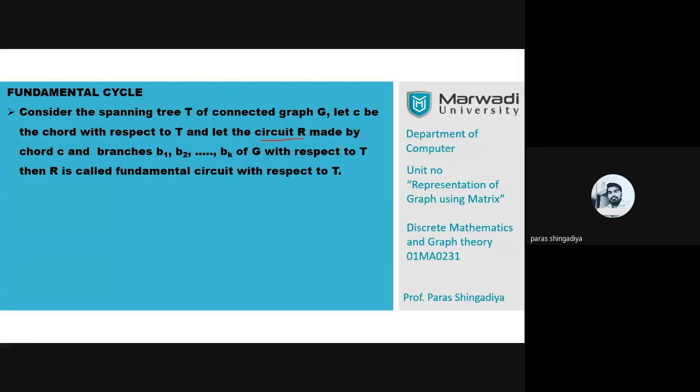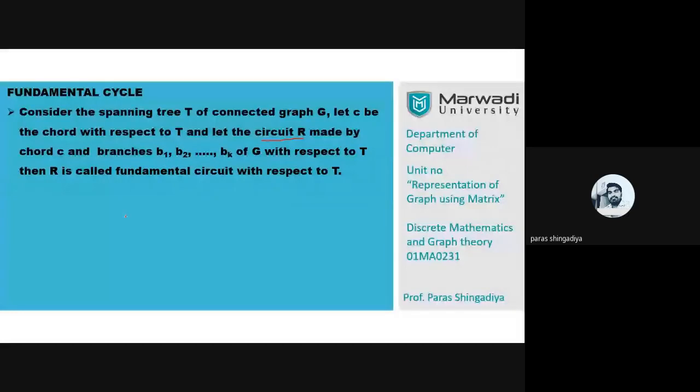That type of circuit is known as a fundamental circuit, or fundamental cycle. A chord is an edge not covered in the spanning tree, and a branch is an edge covered in the spanning tree. So find a circuit that includes only one chord and the rest branches. B1, B2 up to Bk are the collection of branches, and there is only one chord, C.